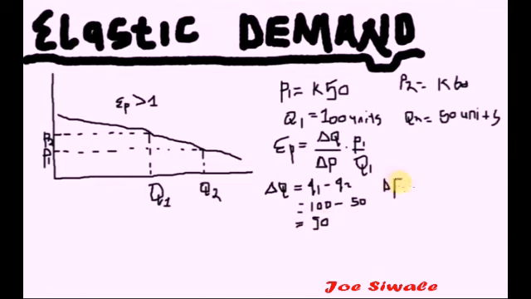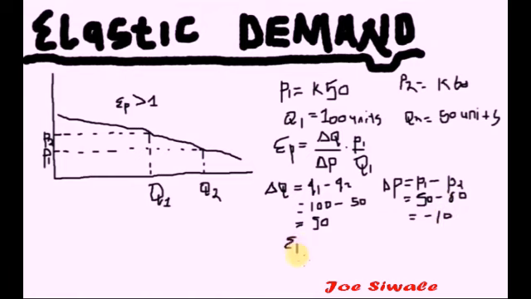Then I'll also calculate the change in P. So the change in P is equal to P1 minus P2. My P1 is 50 minus P2, which is 60. And 50 minus 60, that's negative 10.